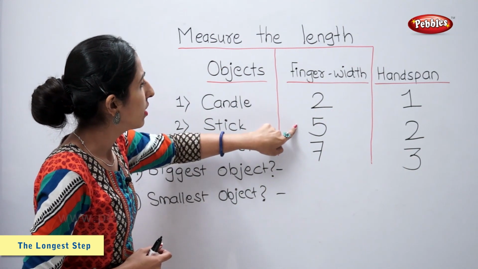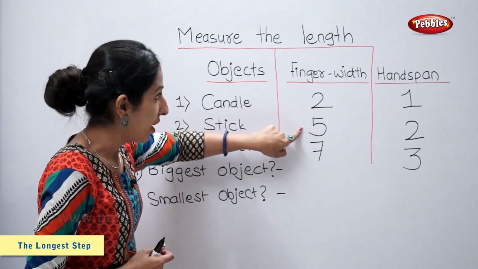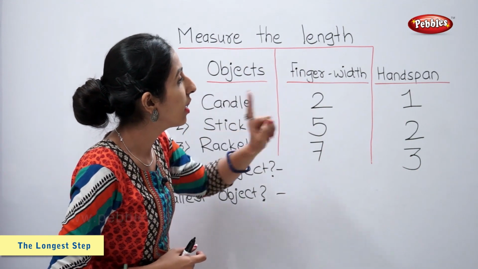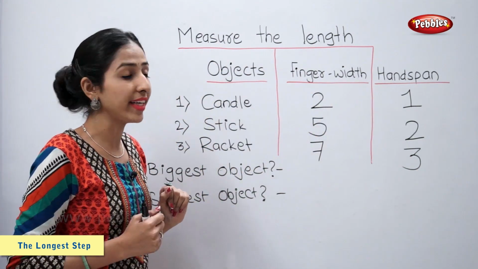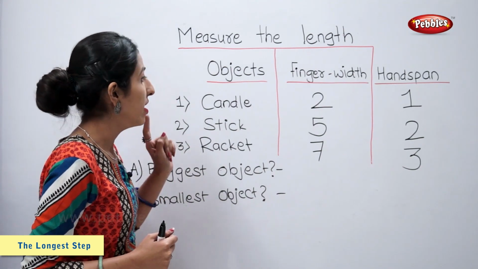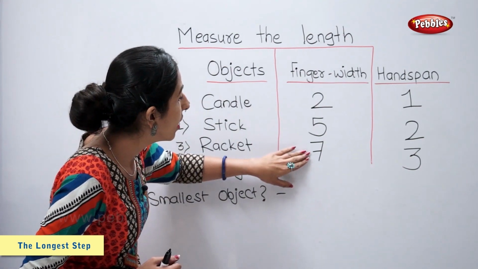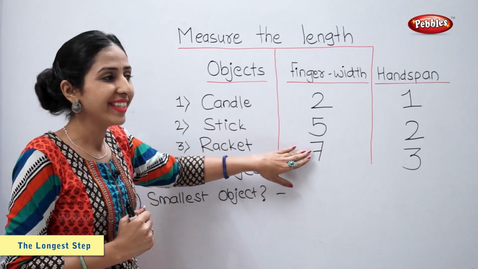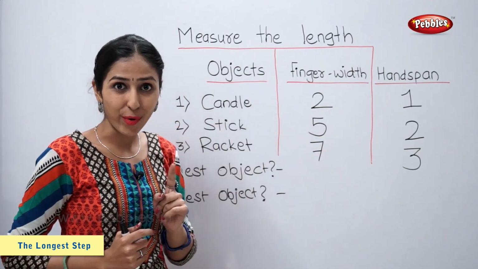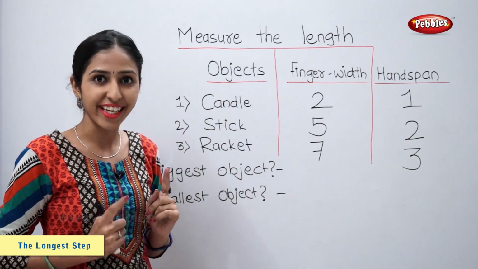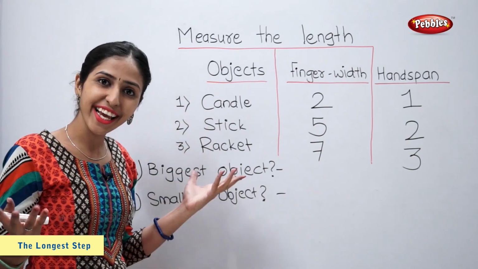Stick is 5 finger width, 2 handspan. Let us see for racket. Racket is 7 finger width and 3 handspan. So the biggest object is racket.